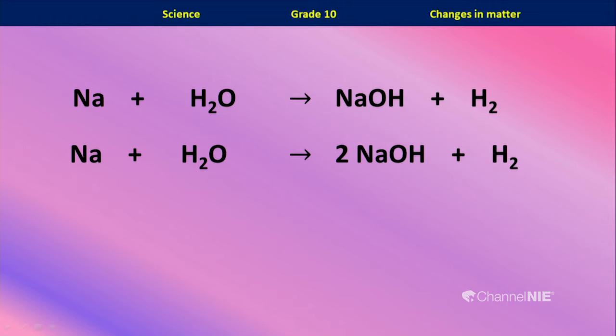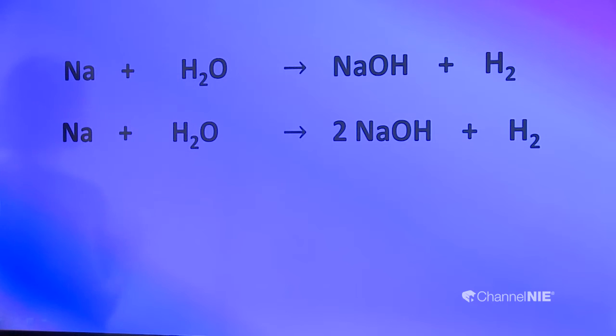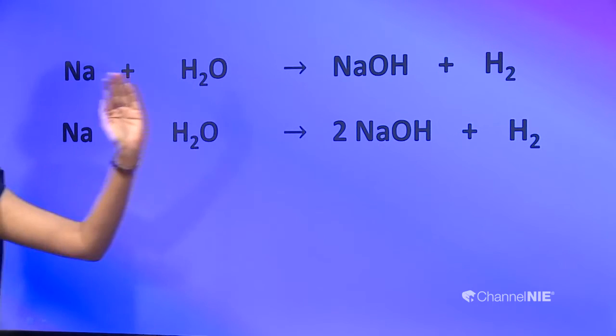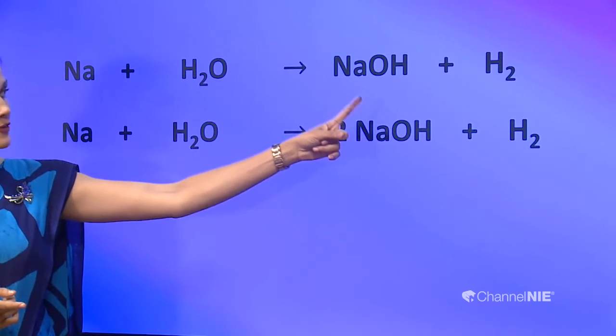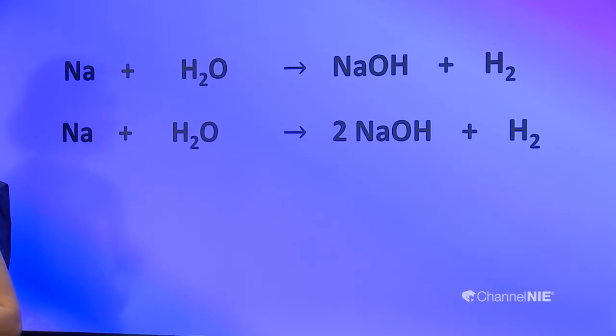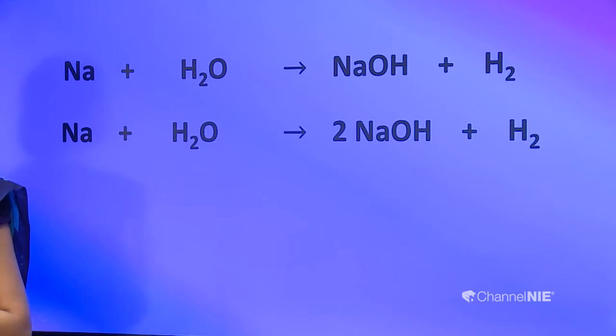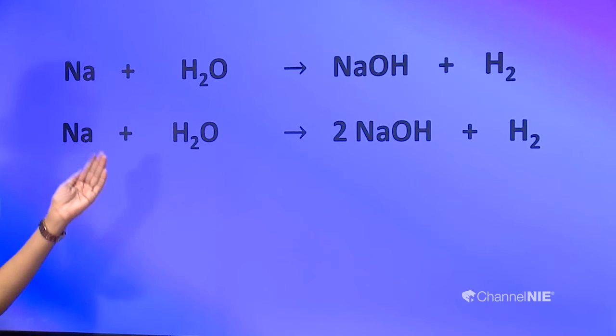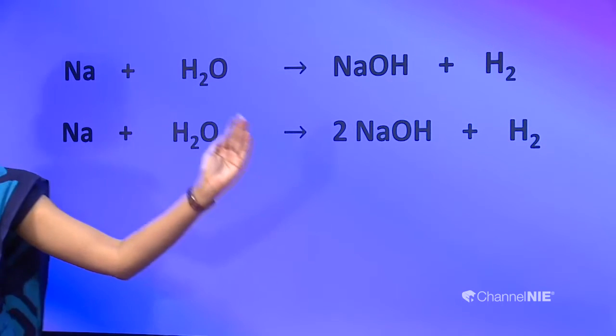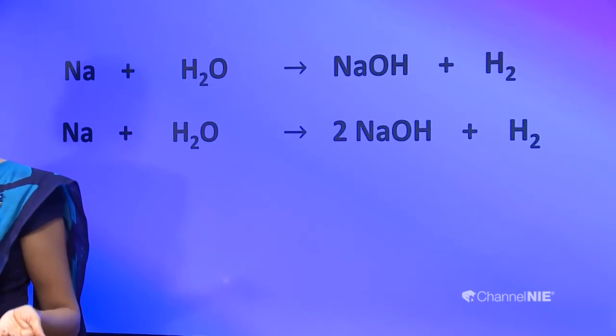In water, 2 hydrogen atoms are present. But on the product side, 1 hydrogen atom in sodium hydroxide and 2 hydrogen atoms in hydrogen gas. That means the total hydrogen atoms present on the product side is 3. On the reactant side 2, on the product side 3. Now it is not balanced.